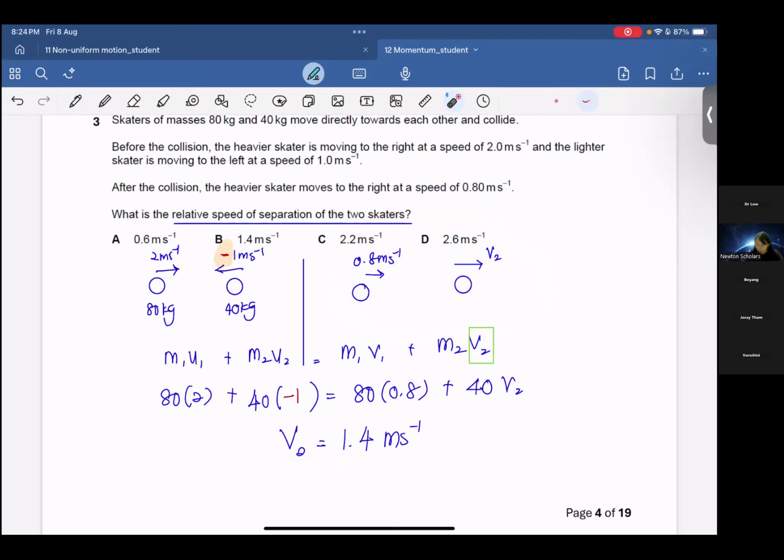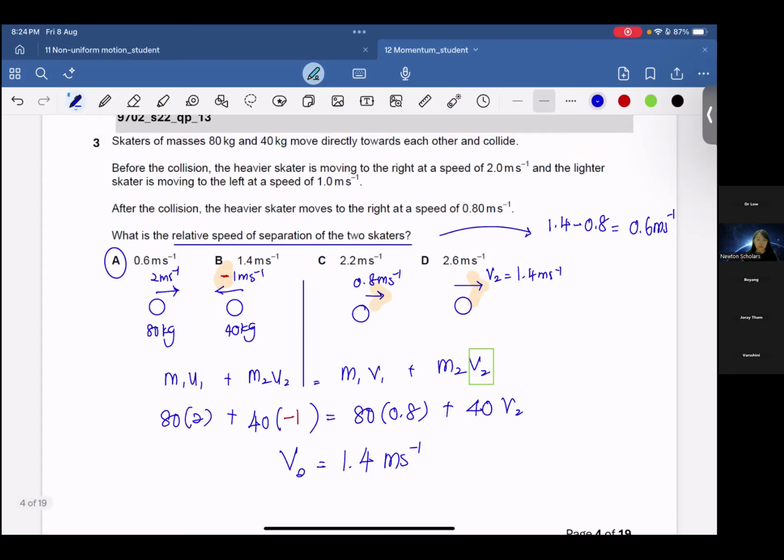So the relative speed is 1.4 minus 0.8. Why minus? Because they have the same direction, so we minus. Then our answer is 0.6 meters per second. The answer should be A. Yes, Kai Chen, correct. Now boys and girls, we go to the next question.